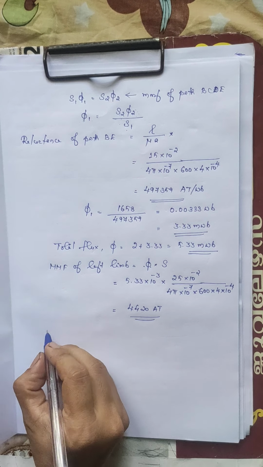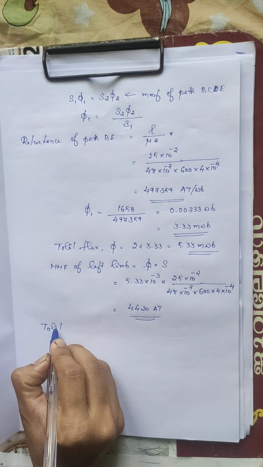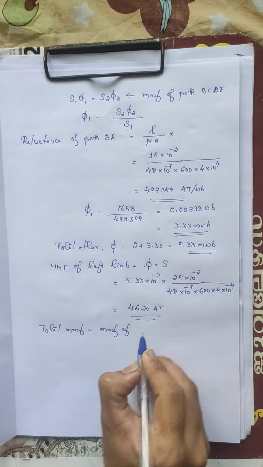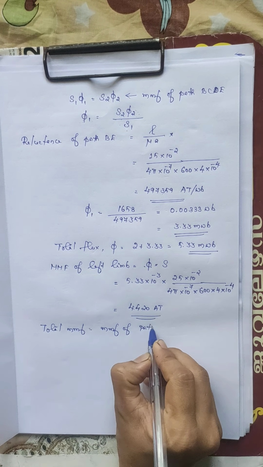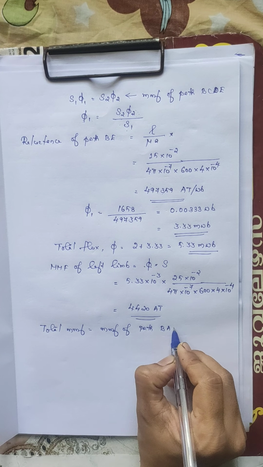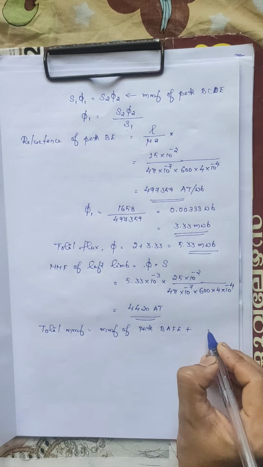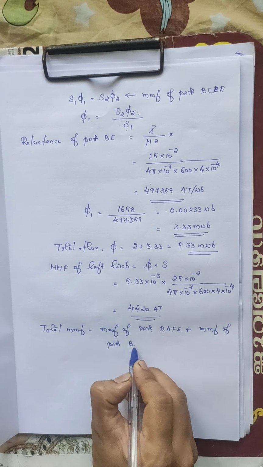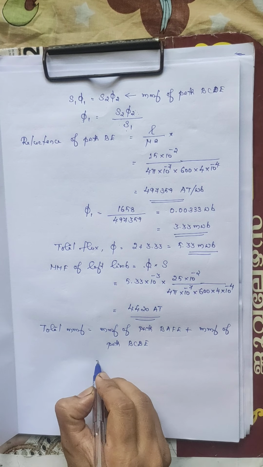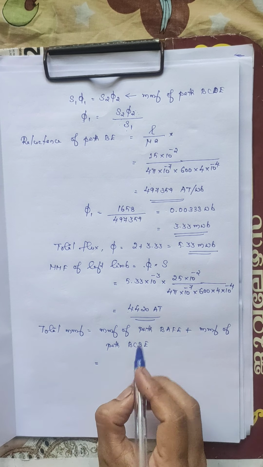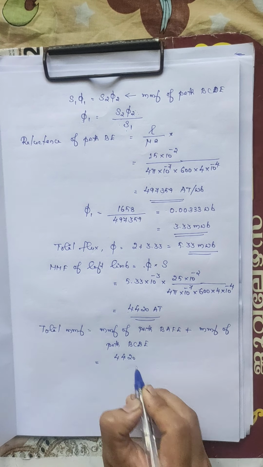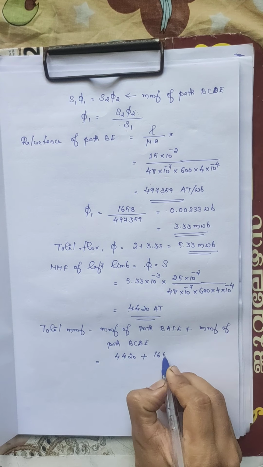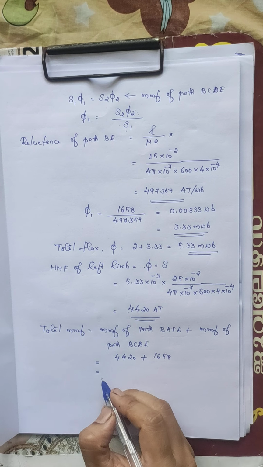So we can write total MMF equal to MMF of left limb, that is MMF of path BAFE, plus MMF of the right limb, that is MMF of path BCDE. MMF of path BAFE, the left limb, we got as 4420, and that of the right limb we got as 1658.